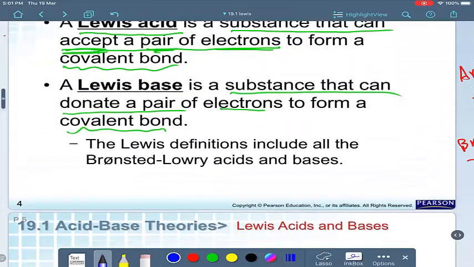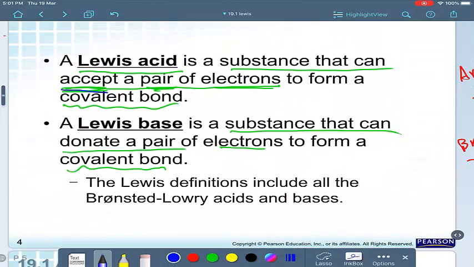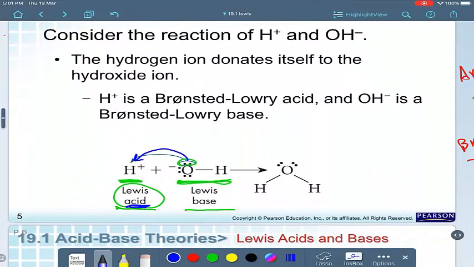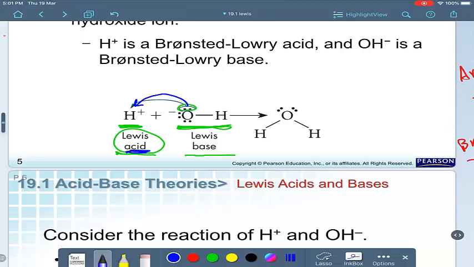Remember again, the substance that accepts a pair of electrons is an acid. Now hydrogen accepts a pair of electrons, so it's an acid. The opposite for OH. OH has an unshared pair, and it gives this unshared pair to hydrogen.